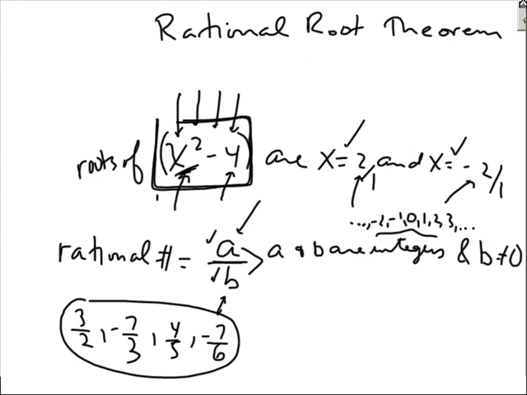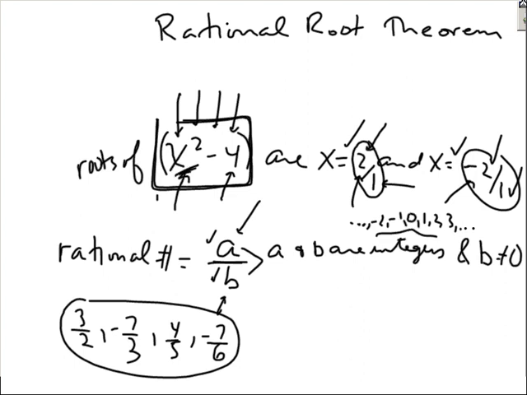That is, 2 and negative 2 are rational numbers, because I can write each as one integer divided by another integer, and the bottom number is not 0.